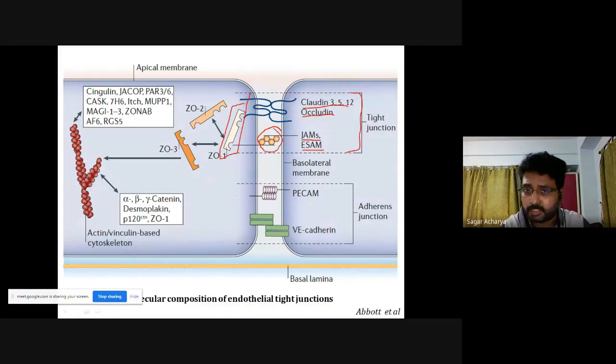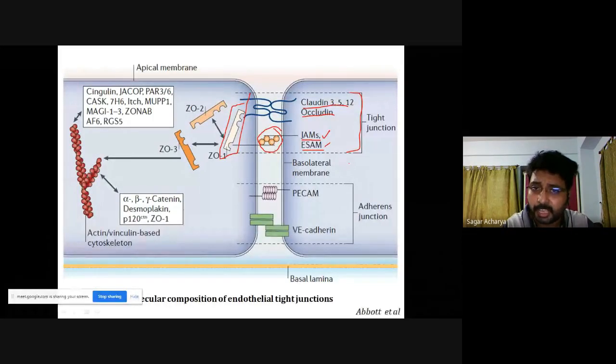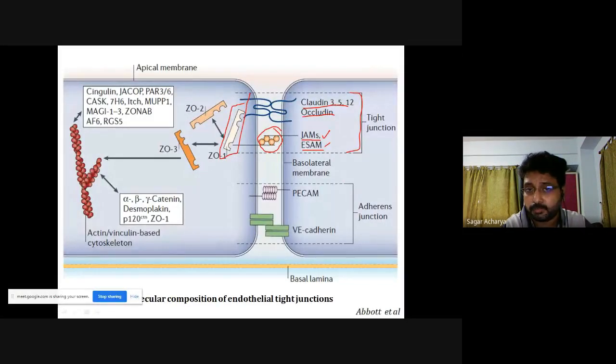These JAMs and endothelial selective adhesion molecules have an Ig-like domain in the extracellular region. The C-terminal regions of claudin, occludin, and the JAMs are linked with first order adapter proteins. Why are these adapter proteins?